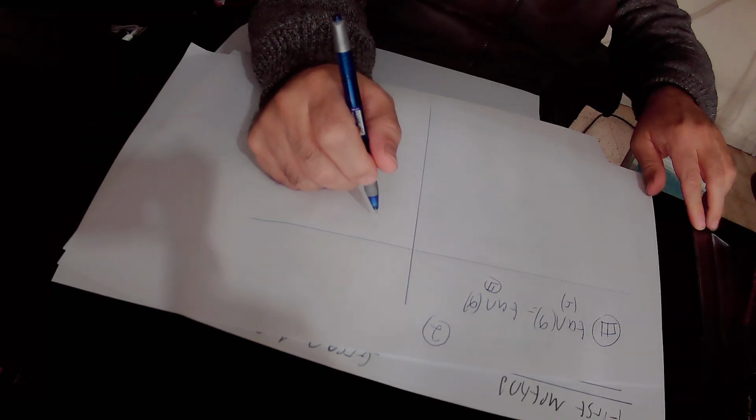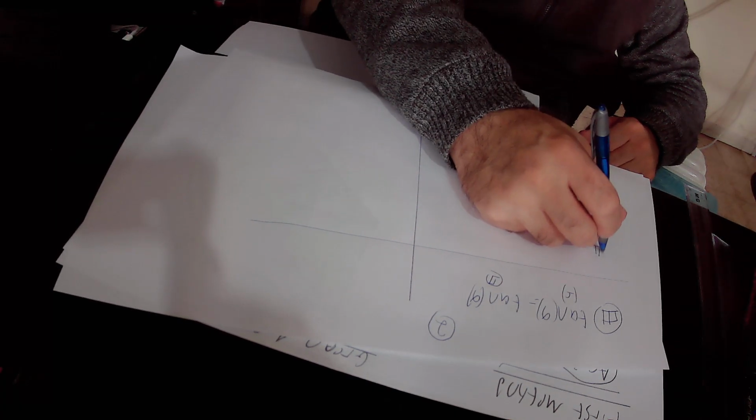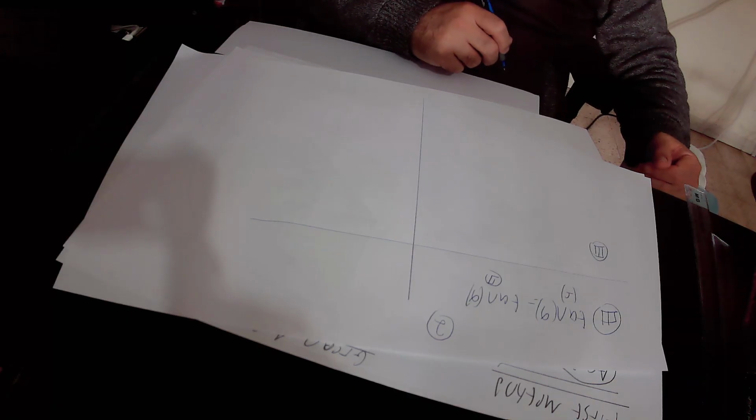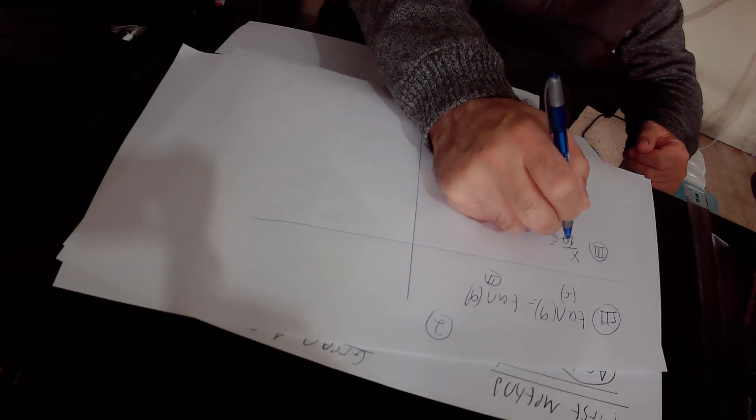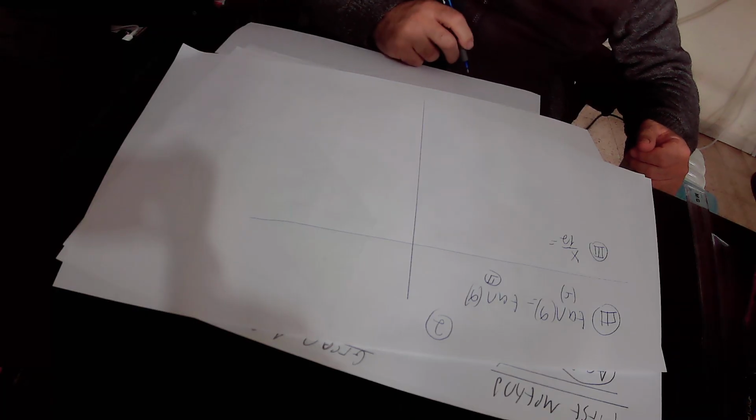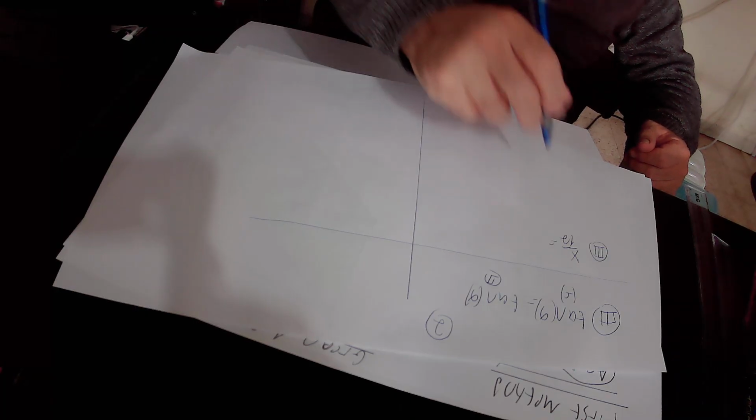So tangent alpha according to equation number 1 equals x over 12. And it must be equal to tangent alpha according to equation number 2, that equals 12 over x plus 7.